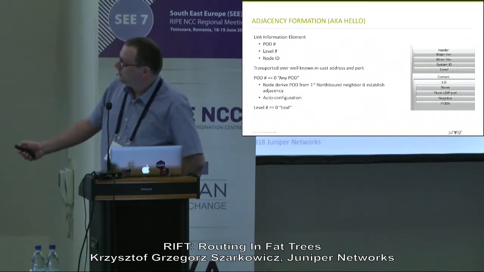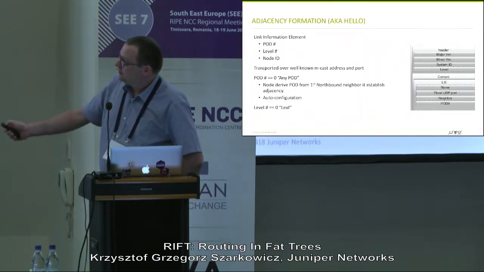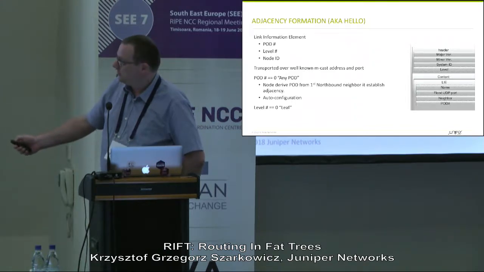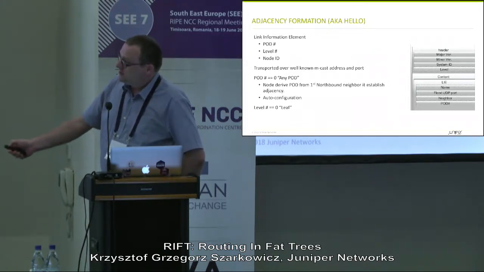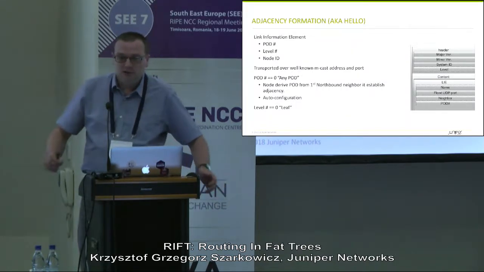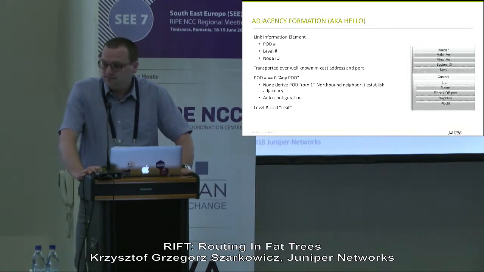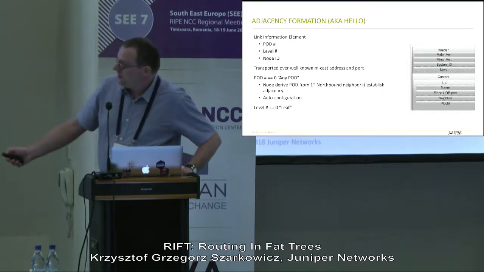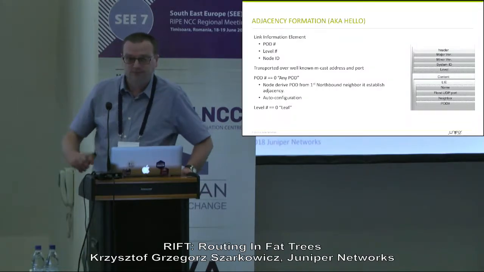And we could have some topology information elements that are used for the hello discovery, so we have automatic discovery. And the speciality of this protocol here, we have pod number, level number, and node ID. Node ID is not special, we use node ID in OSPF and ISIS, but the special thing is level and pod.